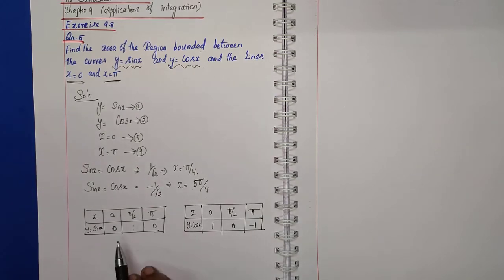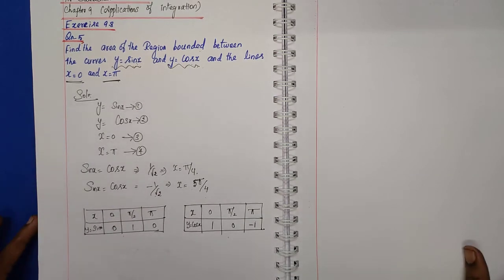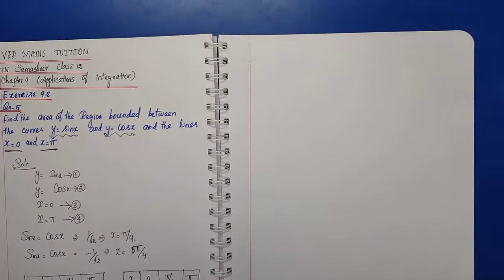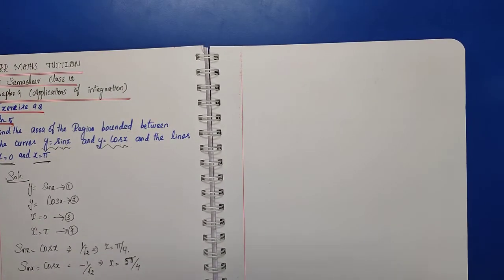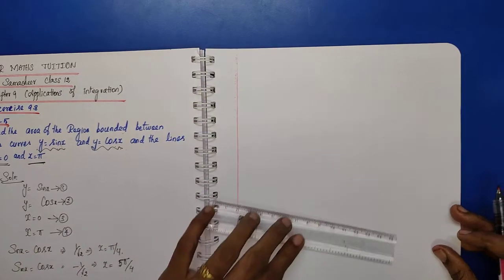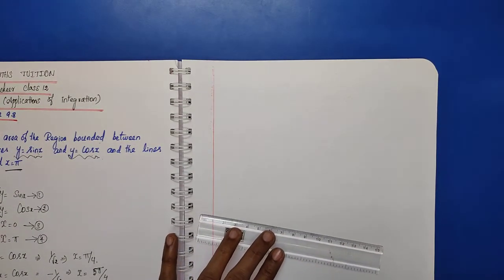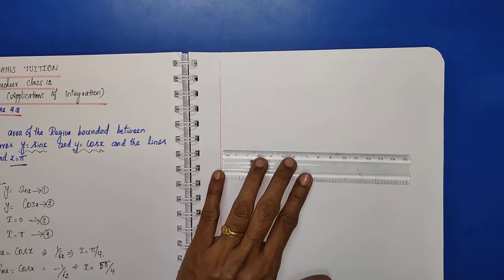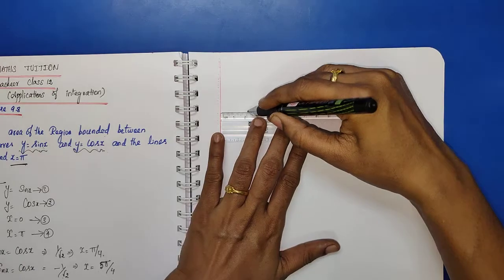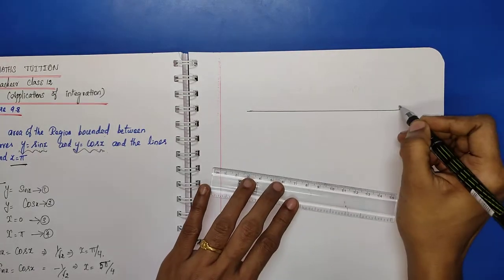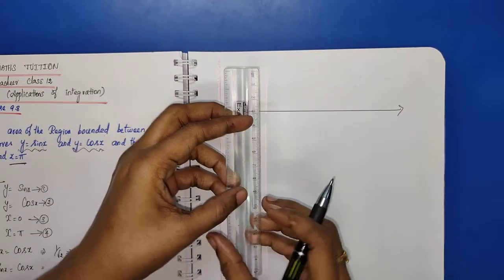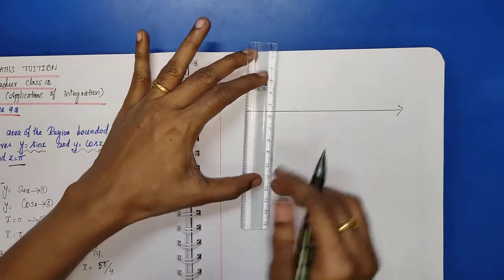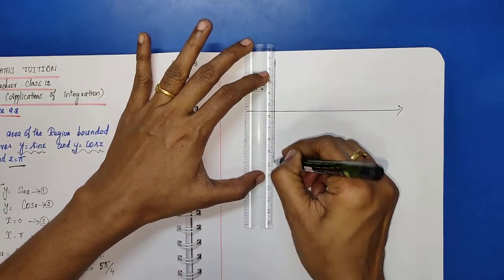We can draw the sin x curve and cos x curve in our graph. It is the x-axis, it is the y-axis.